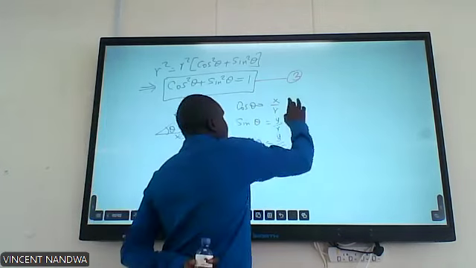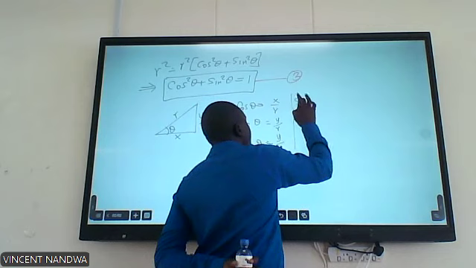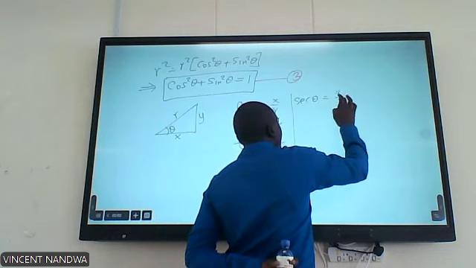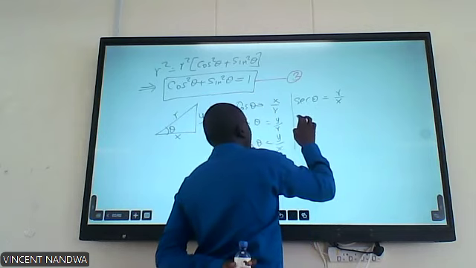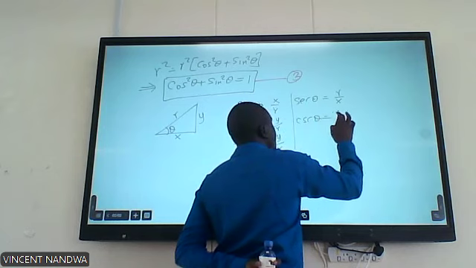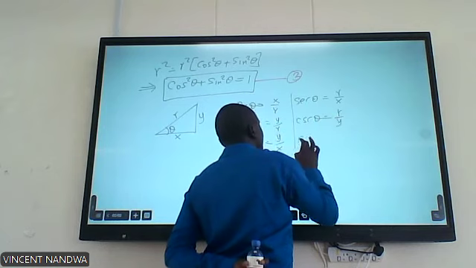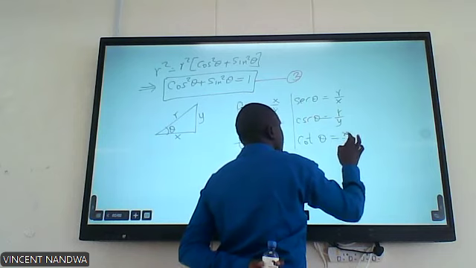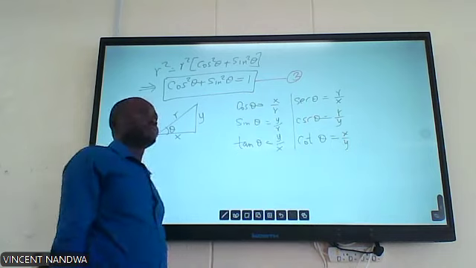And then by the way, you can define sec theta as the reciprocal of cos, so r over x, cosec theta is the reciprocal of sine, so r over y, cot theta is x over y.